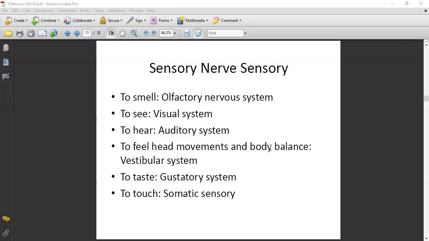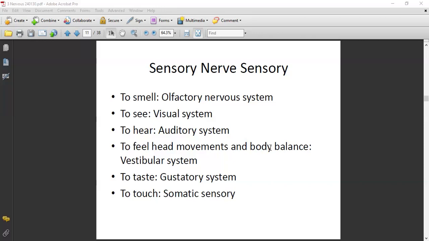You can imagine that you can smell. That's a sensory, right? You can see. That's another sensory. And so those are the nerves, those sensory neurons. So all these are part of the sensory nervous system. You can smell, you can see, you can hear, you can feel body balance, feel the hand movement, body balance.